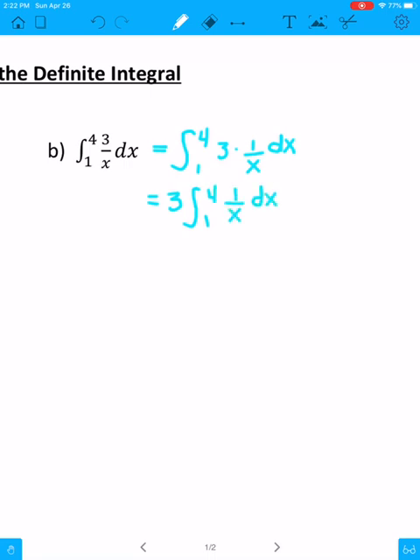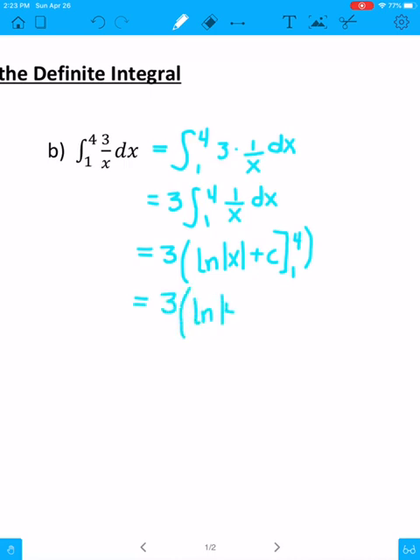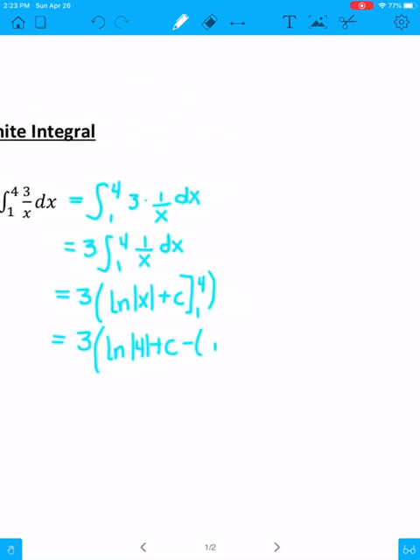The antiderivative of 1 over x is ln x. So I could go 3 bracket ln absolute value of x plus c from 1 to 4, and the 3 just sits out front. So 3 times ln absolute value of 4 plus c, minus ln absolute value of 1 plus c. I'm in the dead zone on the iPad.